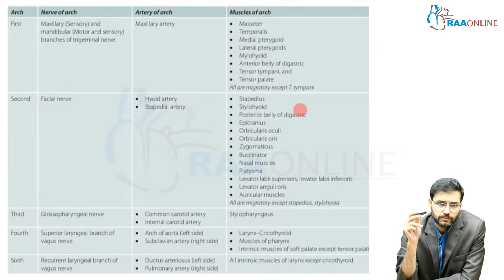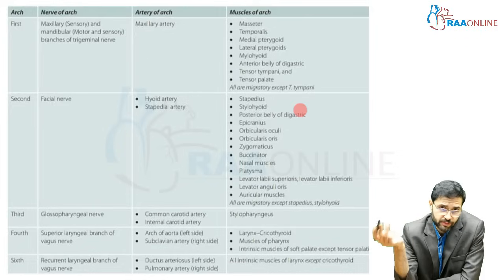Fourth arch. The nerve of the fourth arch is the vagus nerve, and the branch of the vagus nerve called the superior laryngeal nerve. So the nerve of the fourth arch is the superior laryngeal branch of the vagus nerve. And the artery of the fourth arch is the arch of aorta on the left side and the subclavian artery on the right side.